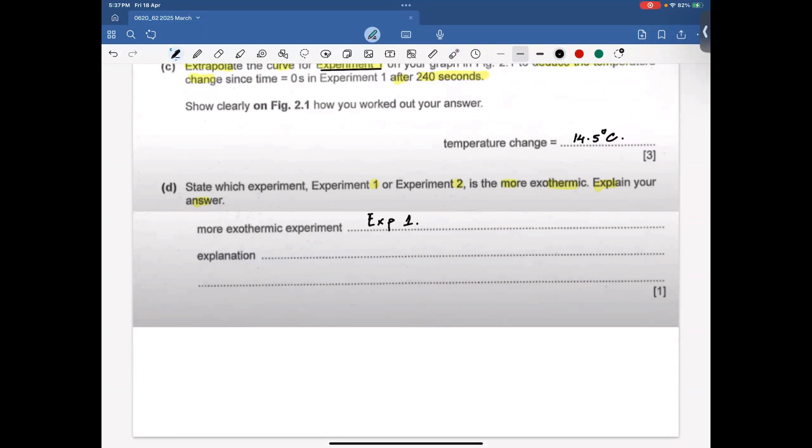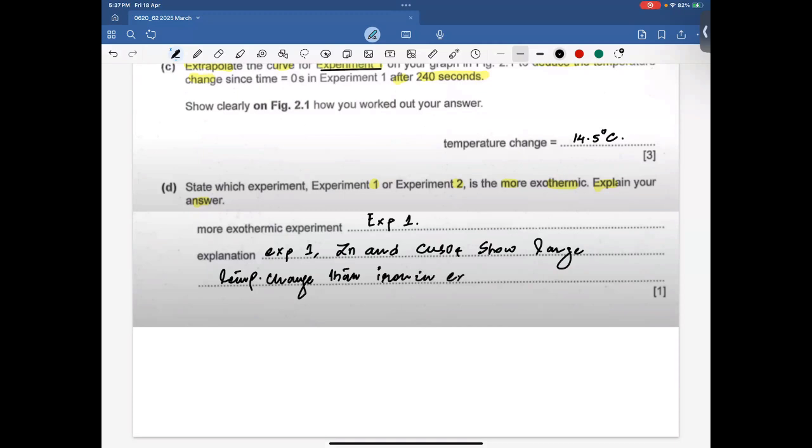Explanation: because in experiment 1, zinc and copper sulfate shows a large temperature change than iron in experiment 2.